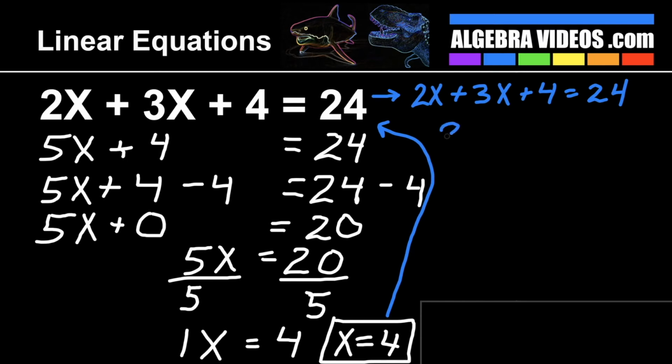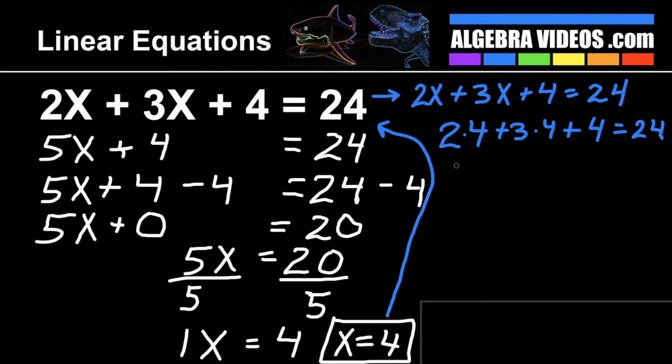So it's 2x, but instead of x, we're plugging in 4. So it's 2 times 4 plus 3 times x, but x is 4. So it's 3 times 4 plus this 4 right here that was part of the original problem, and that equals on the right side 24. So now we'll continue to simplify.